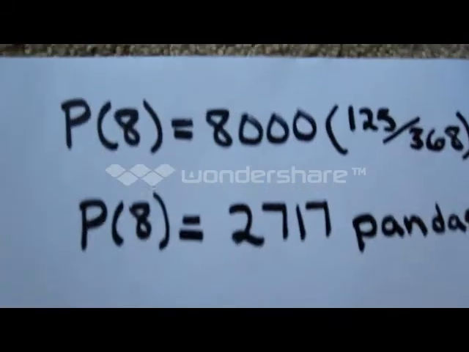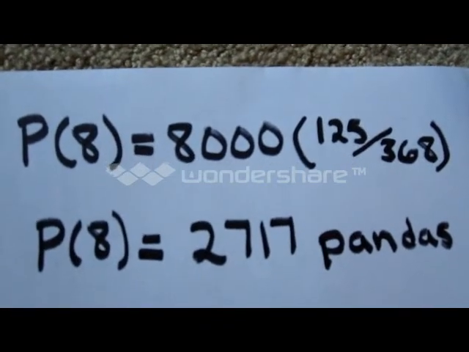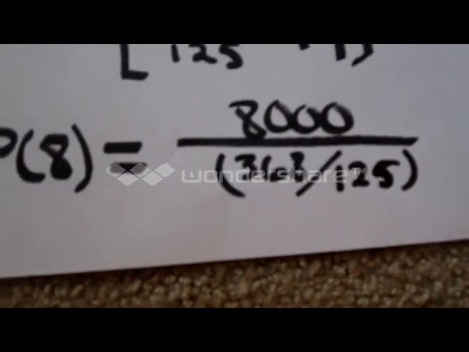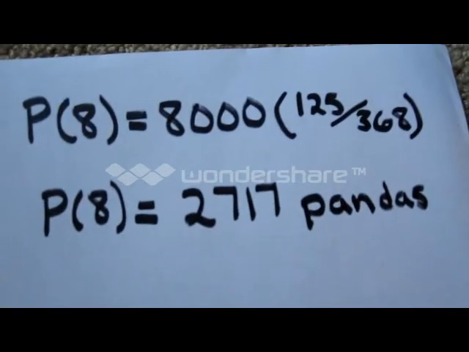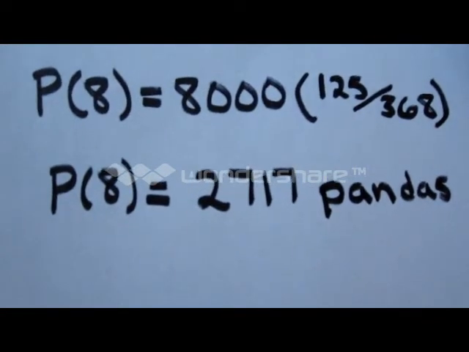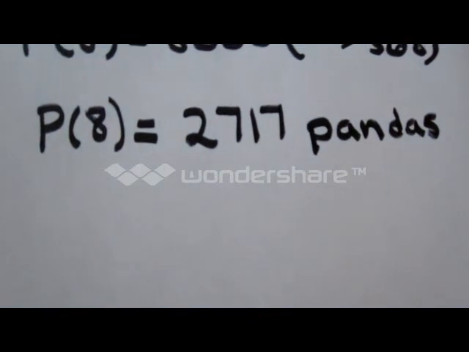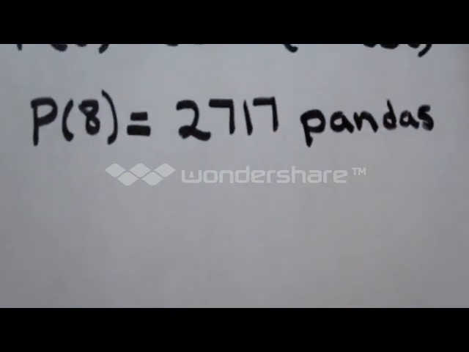And P(8) equals 8,000 times 125 over 368, because that just switches when you put that from the denominator to the numerator. So it's 125 over 368, and then you simplify that again, and you get 2,717 pandas, and that is your final answer.